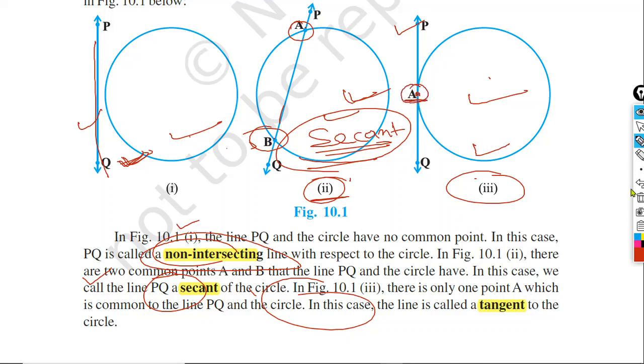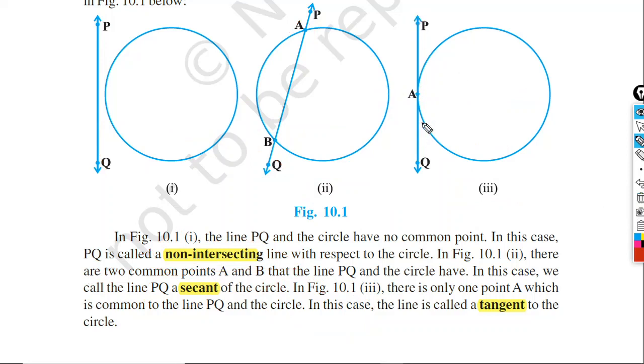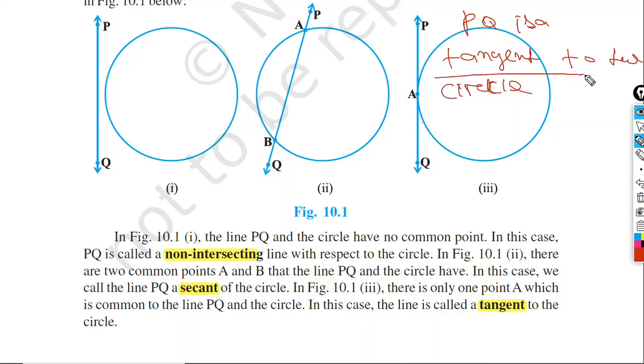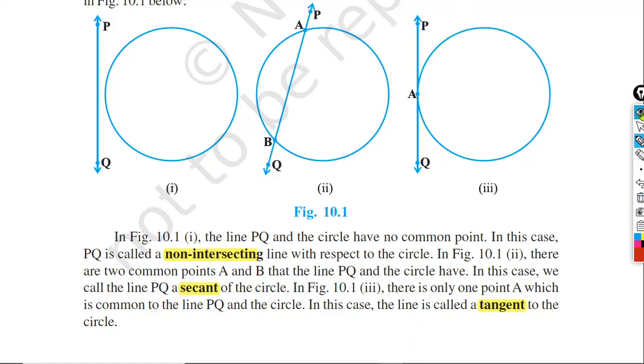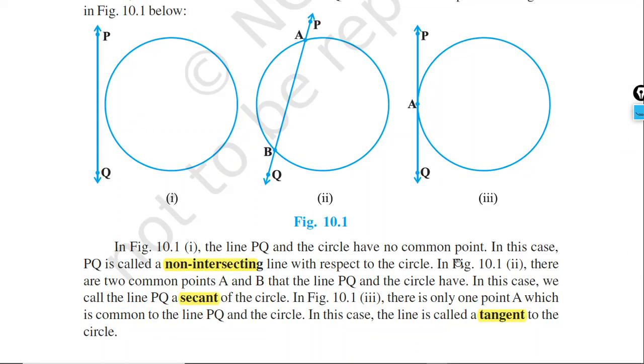So in this case we can say PQ is a tangent to the circle at point A. So now we know what is a tangent, what is a secant, and what is a non-intersecting line.